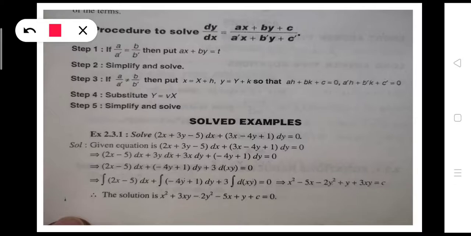So a by a' is not equal to b by b'. So we write (2x - 5) dx + 3y dx + 3x dy + (-4y + 1) dy = 0.